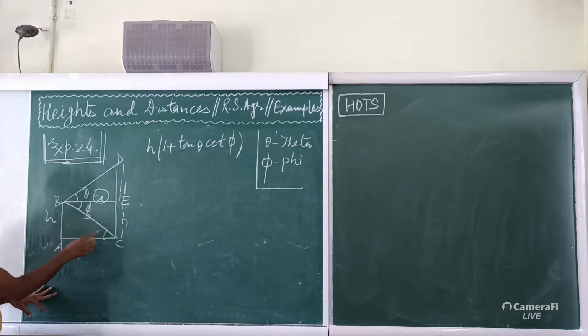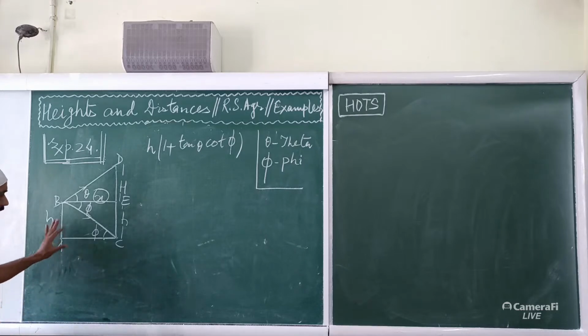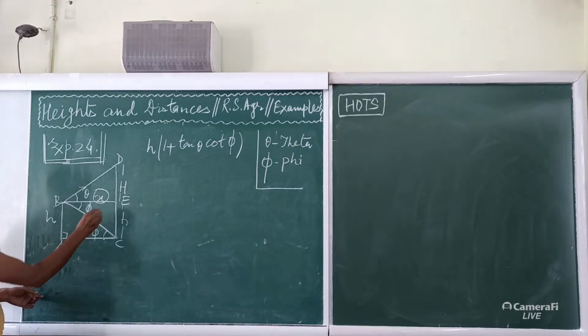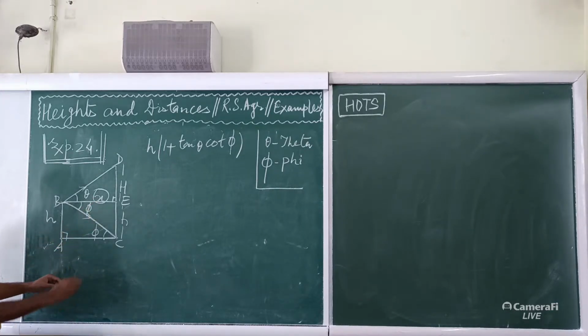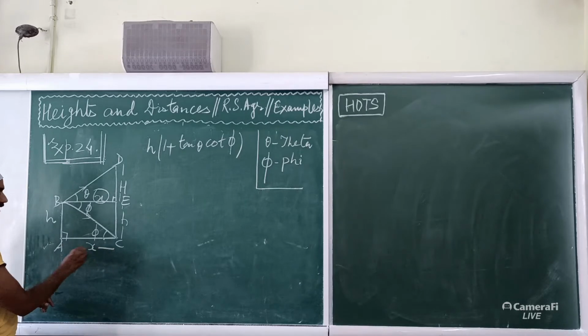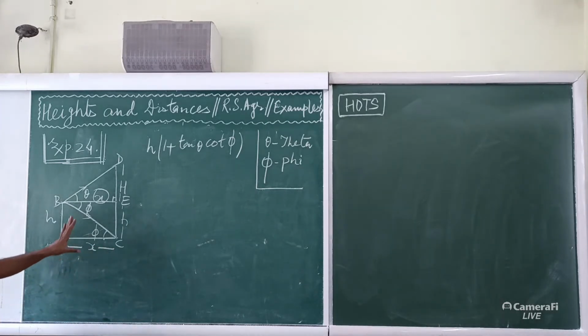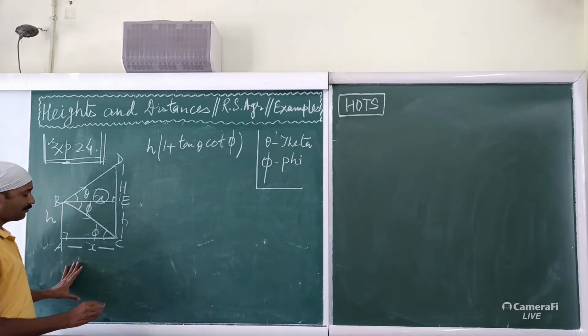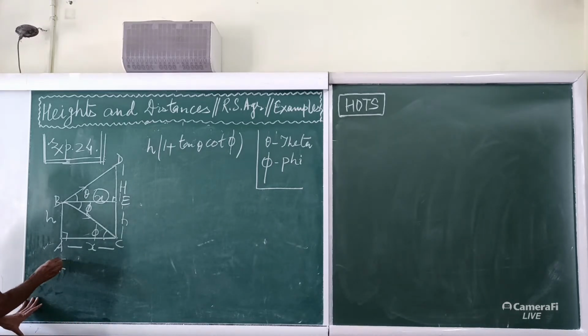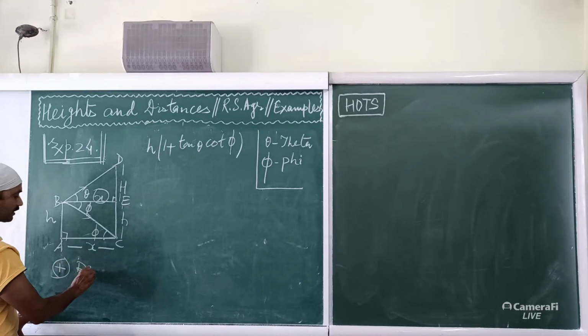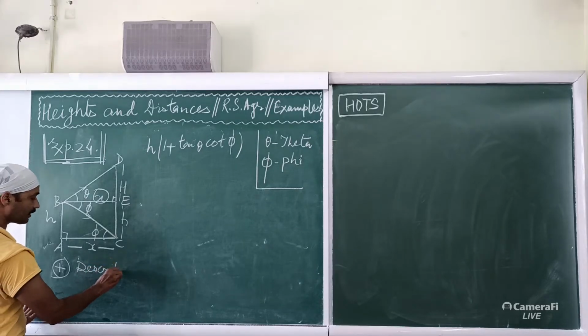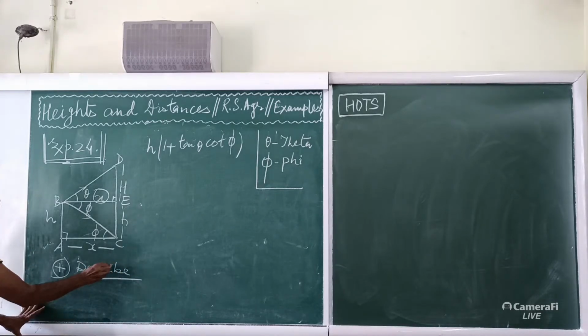Depression always changes to elevation, so this will be phi. Here it is 90 degrees, here it is also 90 degrees. This is x, then this will also be x, and we have one triangle this one and another triangle this one. After the first description, every time I am saying you must describe the figure.